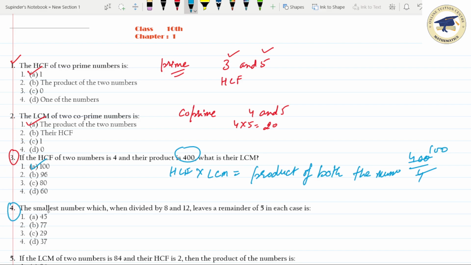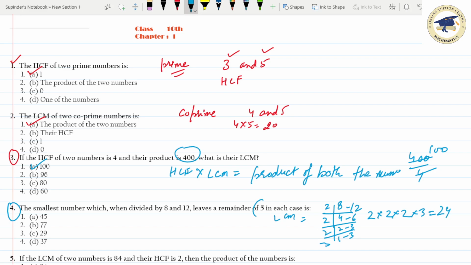Fourth question, the smallest number which when divided by 8 and 12 leaves the remainder 5 in each case. For this we can take the LCM. 8, 12 divided by 2, 4, 6; divided by 2, 2, 3; so 2 into 2 into 2 into 3 is 24.